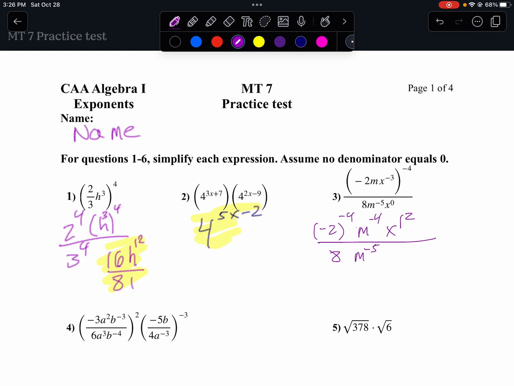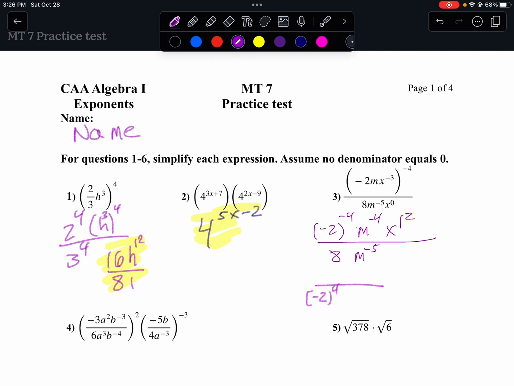Now, next I'm going to flip my negative 2. So I'm going to get negative 2 to the positive 4 power in my denominator. When I take negative 4 minus a negative 5, that's m to the first power.